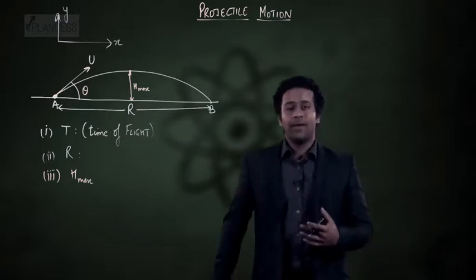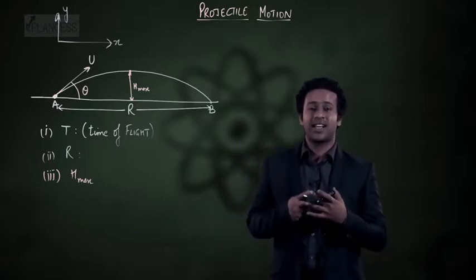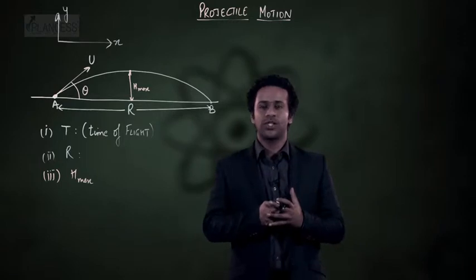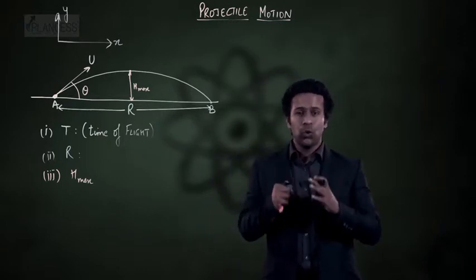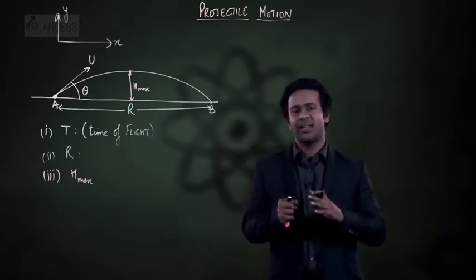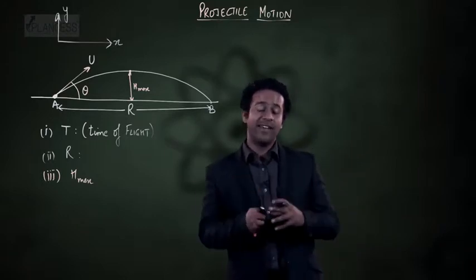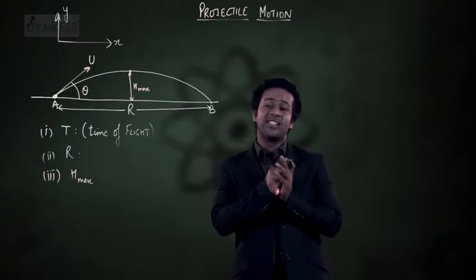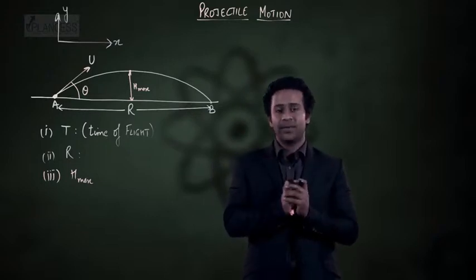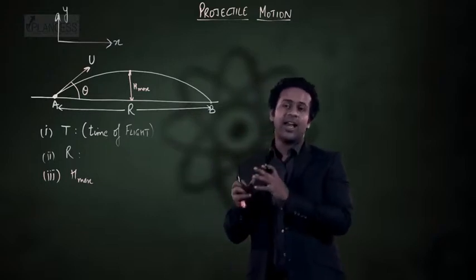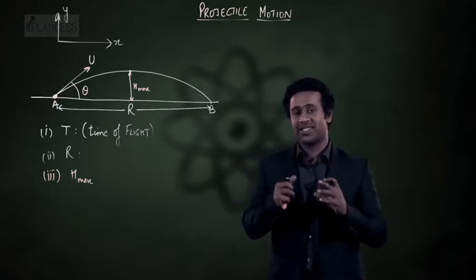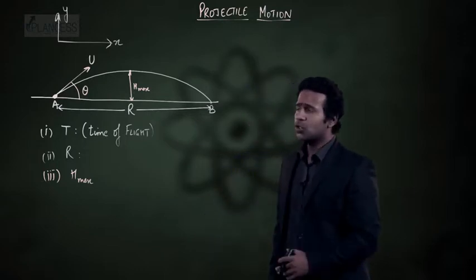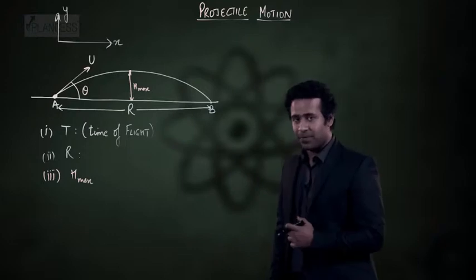So if you recall, a few sessions before we had discussed that two-dimensional motion is nothing but two one-dimensional motions occurring simultaneously. And whenever we have to analyze such a motion, we should break the things down into two components and then analyze these two one-dimensional motions separately. So once again, we will do the same thing.